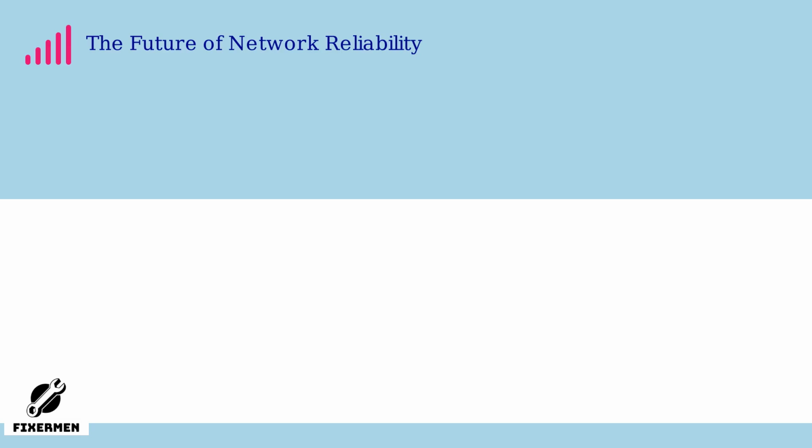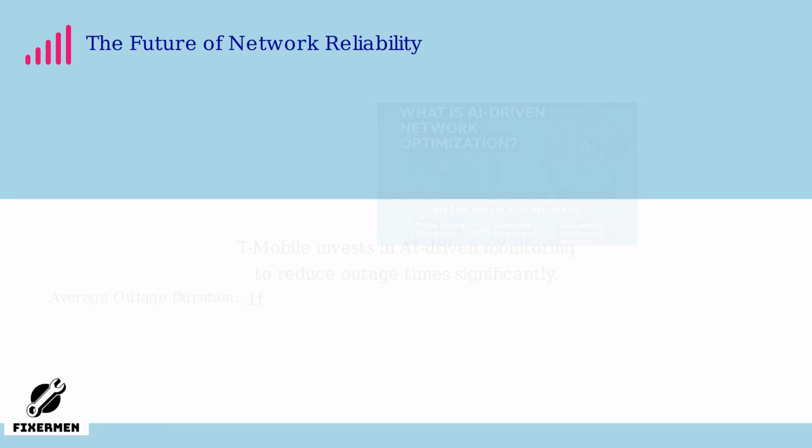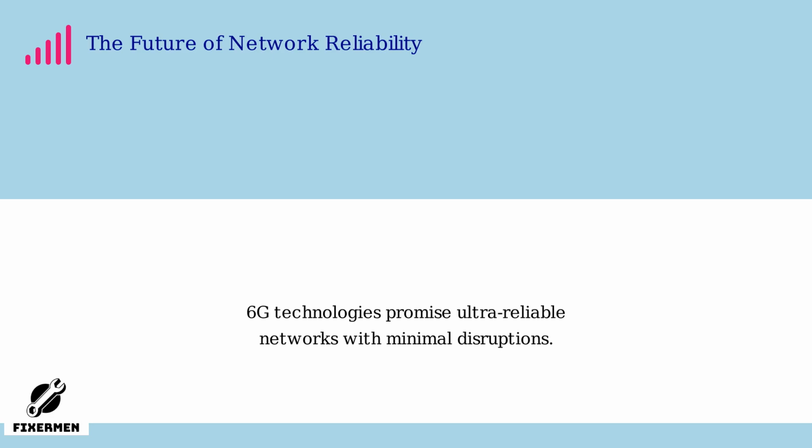T-Mobile is continually working to improve network reliability through strategic investments in advanced technologies. Investments in AI-driven network monitoring have dramatically reduced outage times. From an average of 3.5 hours in 2020, we've achieved under 1 hour today through predictive maintenance. The rollout of 6G technologies by 2030 promises ultra-reliable, low-latency communications, making networks even more resilient against disruptions.